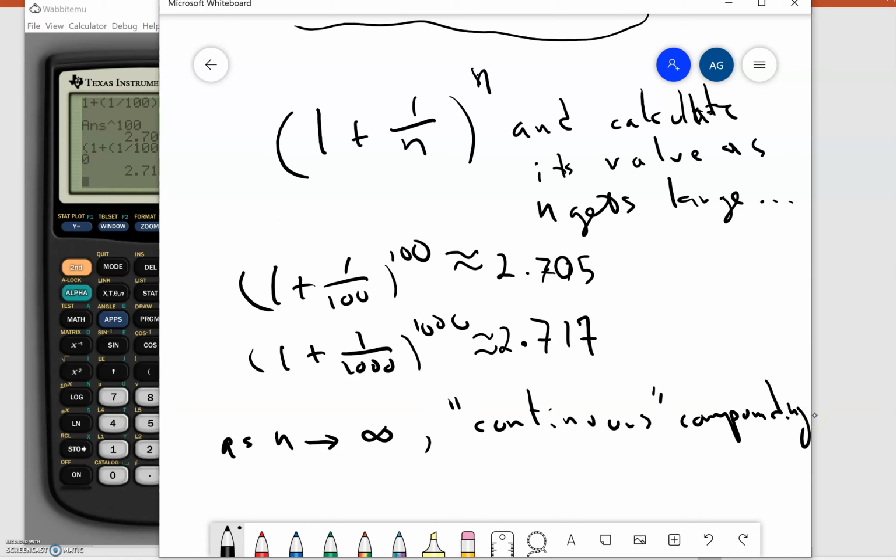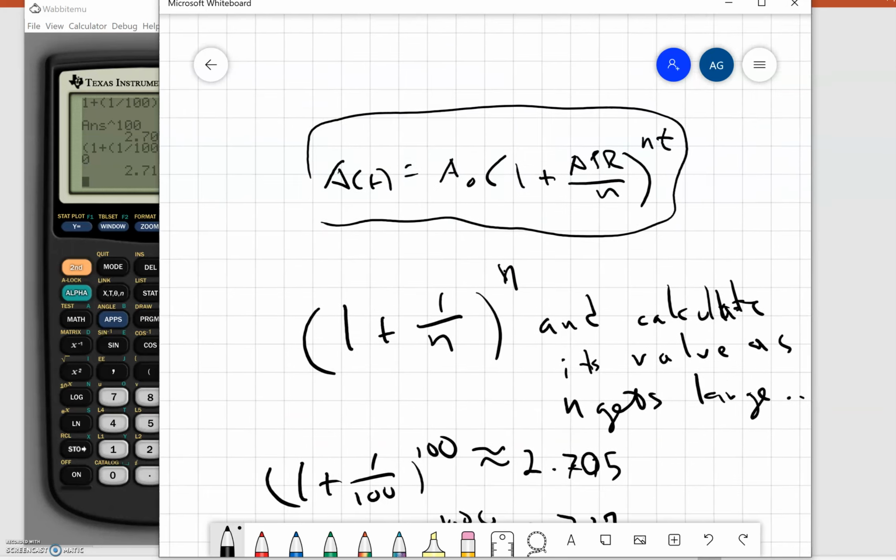And this expression, as n gets bigger, what is it getting close to? Do you see that it's getting close to 2.718, etc.? So this expression is approaching e. So as n goes to infinity, this is approaching e.